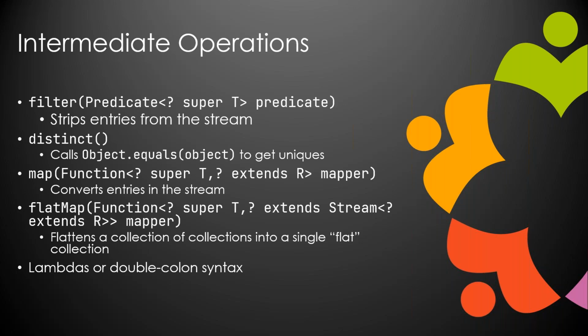Flat map is if you've got a collection of collections or a map of maps and you want to transform the values but flatten the whole thing into a single level collection or map. Each of those methods then takes a lambda or the double colon syntax.